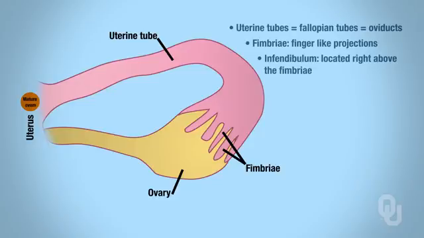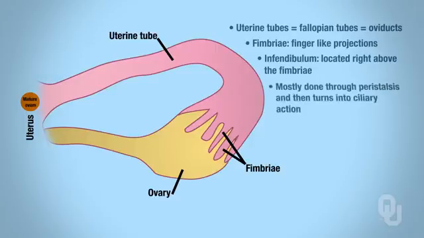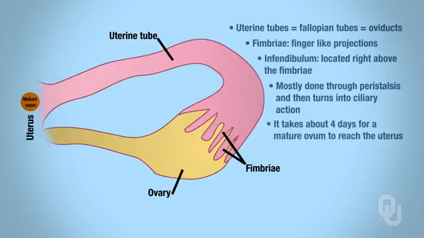Once that mature ovum leaves the ovary, the fimbriae and the infundibulum help move that mature ovum into the uterine tube. That's done mostly through peristalsis initially, and then it turns into ciliary action that moves that ovum through the uterine tube. It takes about 4 days for that mature ovum to reach the uterus. So that concludes this segment.